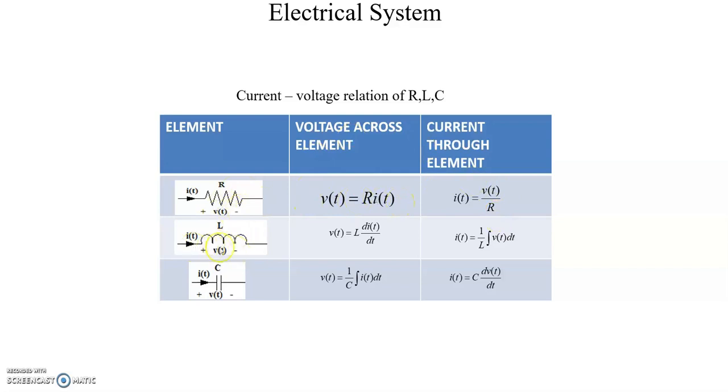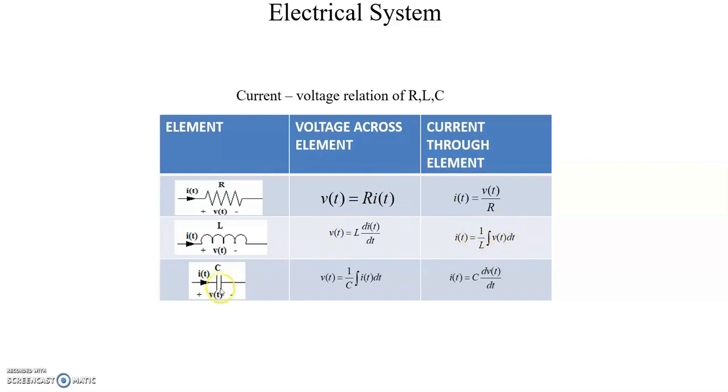Next, the inductor. The voltage across the element is V of t is equal to L into di of t by dt, whereas the current flowing through the element is I of t is equal to 1 by L integral of V of t into dt.